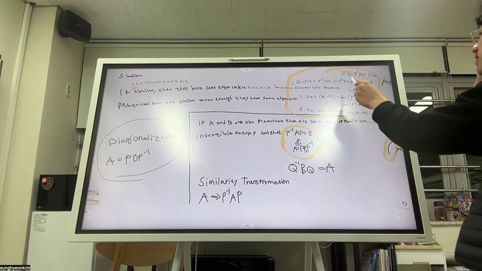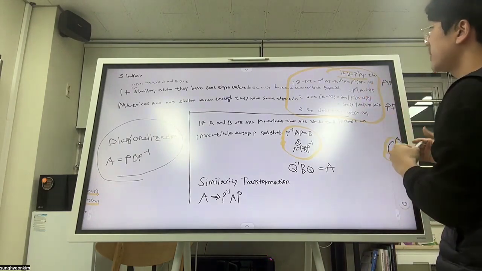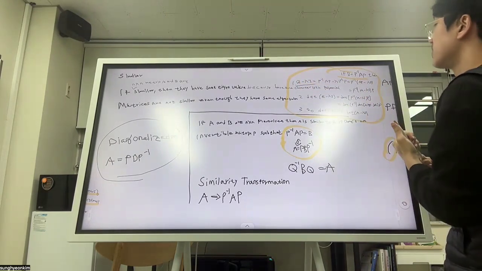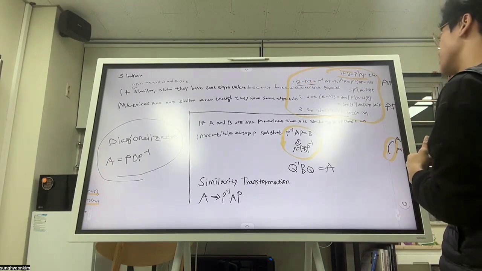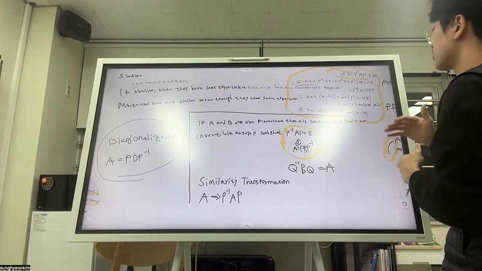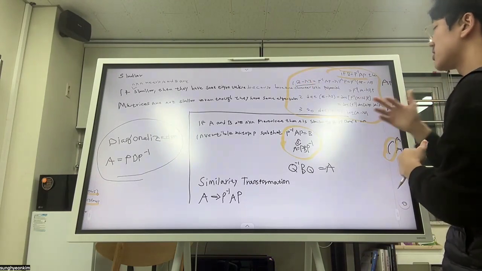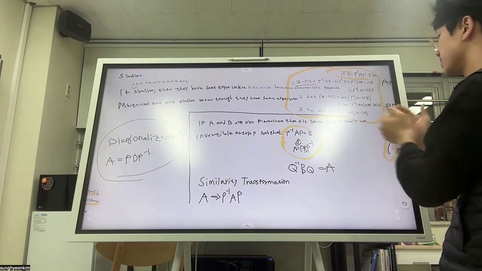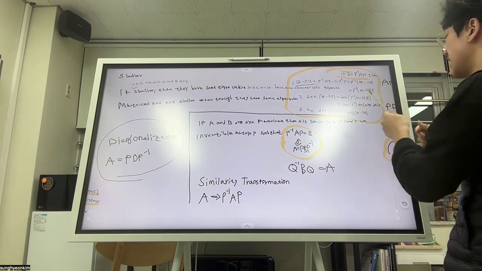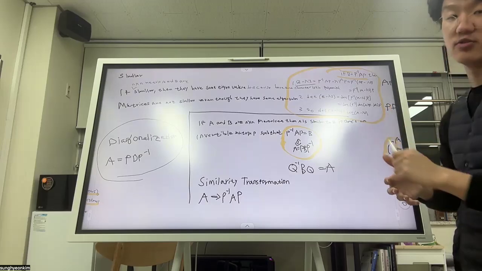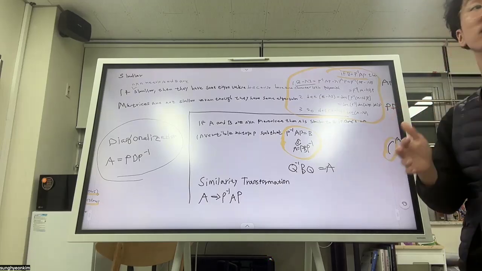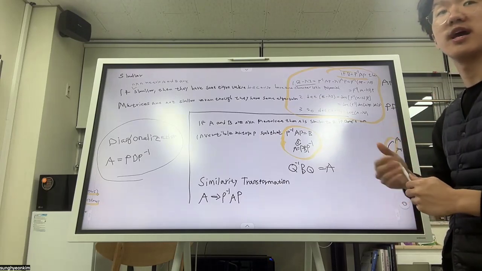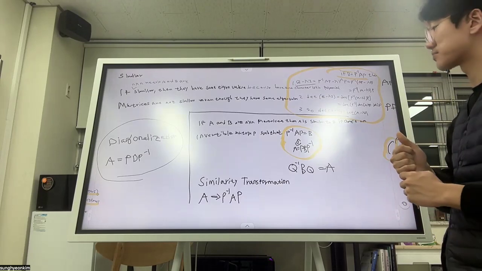If I read the proof, if B is P minus 1 AP, then B minus lambda I can be represented as P minus 1 AP minus lambda P minus 1 P. So it can be factorized as P minus 1 (A minus lambda I) P. Then the determinant of B minus lambda I, if we factorize this, will be the same as determinant P minus 1 times determinant A minus lambda I times determinant P, where we use the determinant property that determinant AB is equal to determinant A multiplied by determinant B.